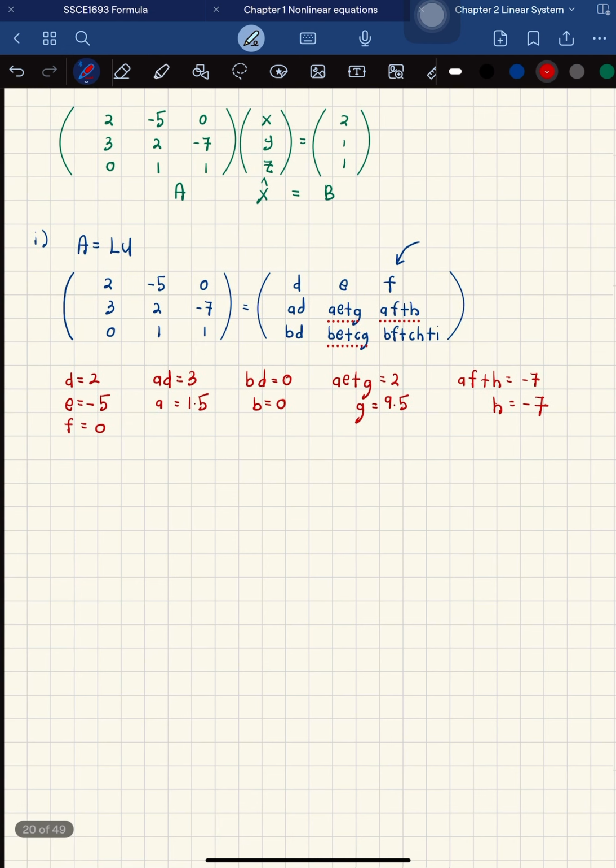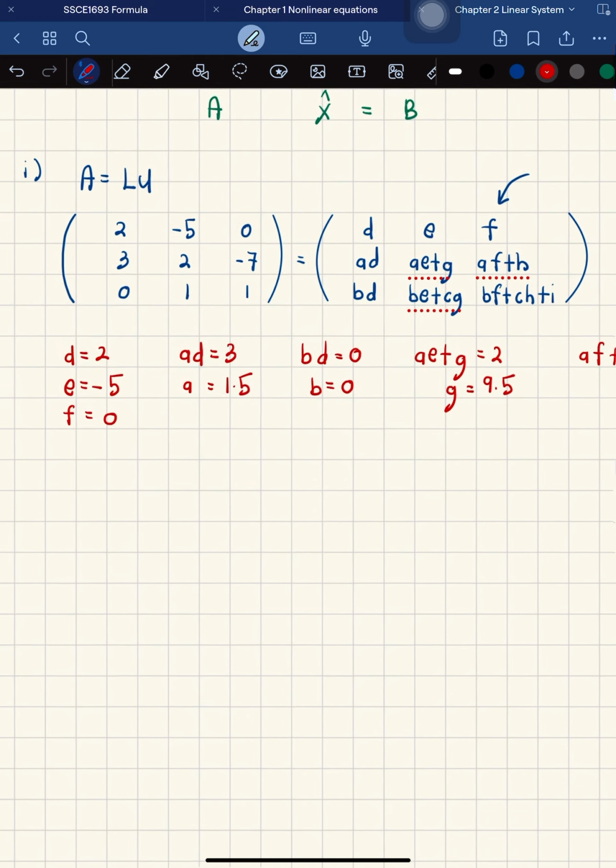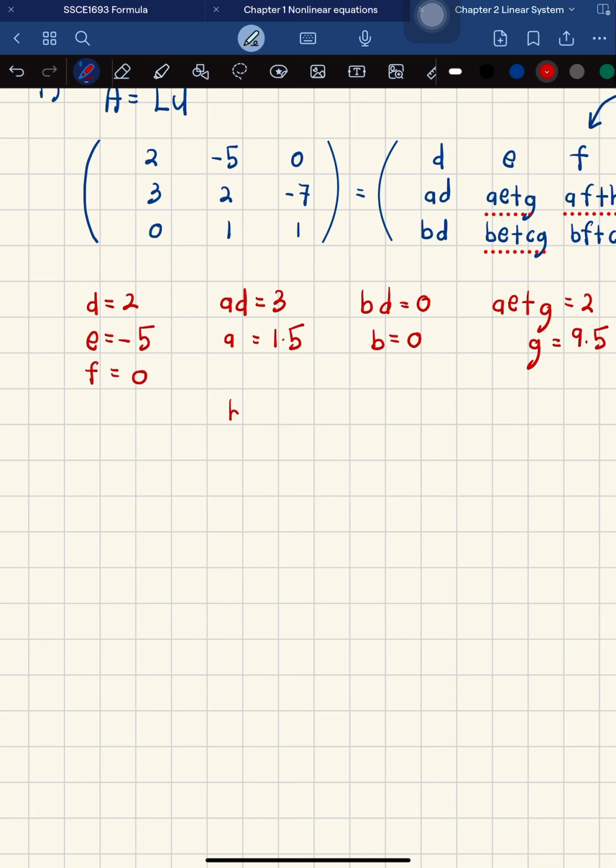And then what else? We have A, B, C. C, we have to find C. So BE plus CG equal to 1.